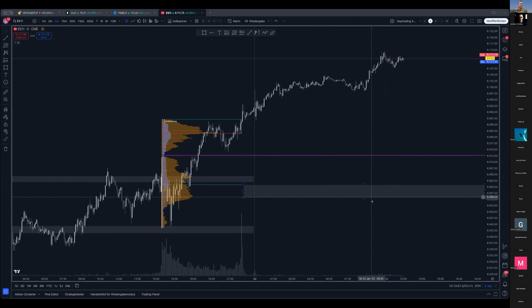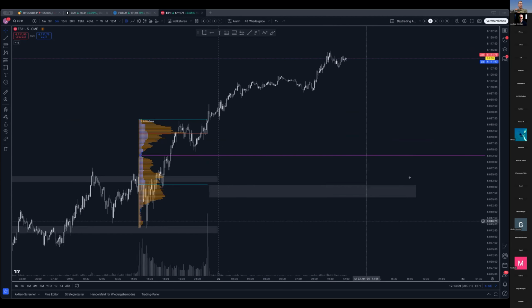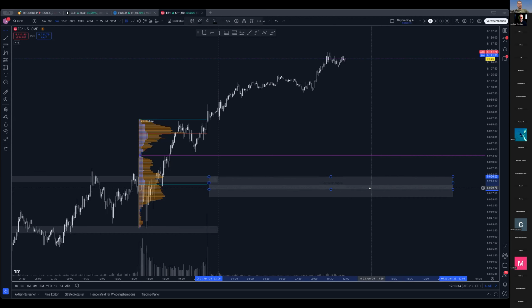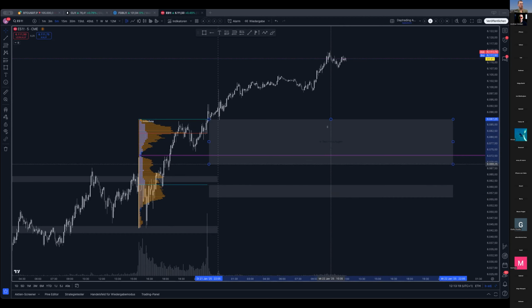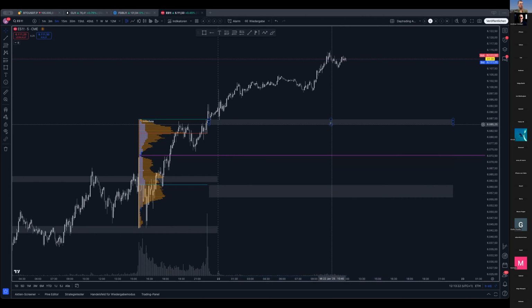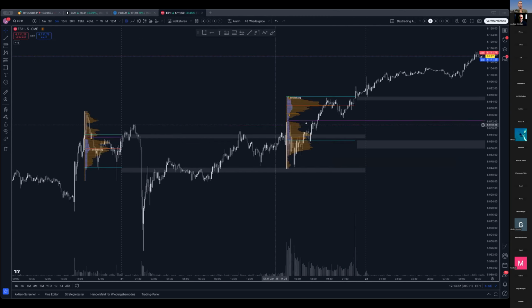Again, share it or sync it to all charts, extend it until end of day, copy, paste, create a value area high. But this, as well as this one, are weaker business zones. The upper one is kind of okay, but I also don't like it when there's a business zone or a value area extreme on the extreme of the profile. Those are weaker business zones.